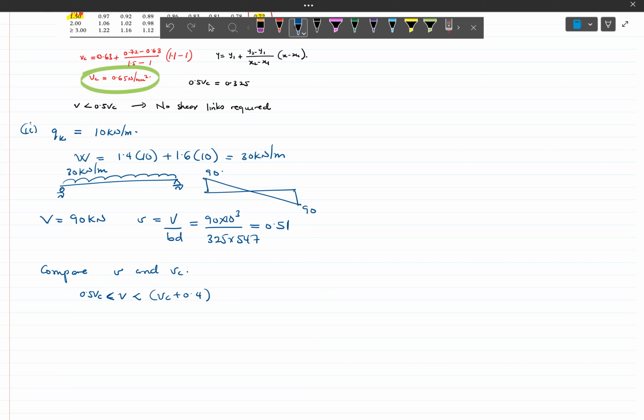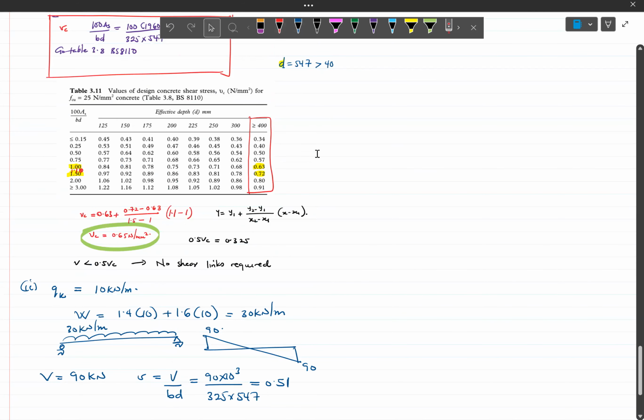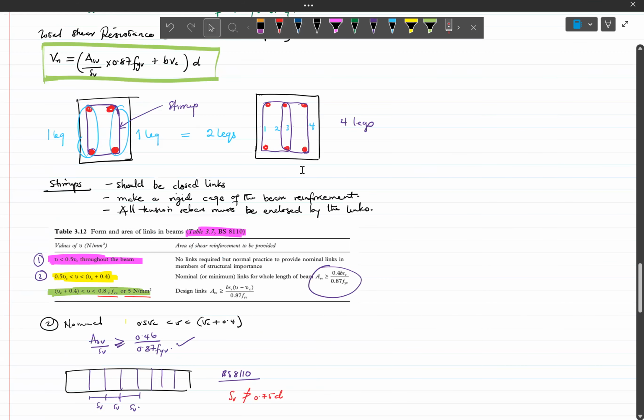So let me put in some numbers here so that we see. So 0.325 is less than 0.51, which is less than 1.05. So if that is the case, let me label this table 3.7.